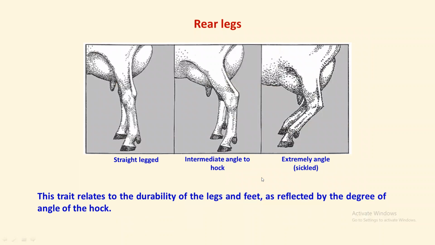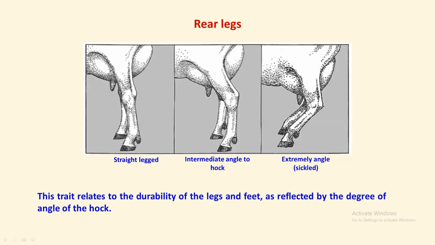Then there is the rear leg. There is some confusion about the rear leg. In the research paper, you will see that an extremely angular or sickle-shaped rear leg is very good for milk animals, they say. But for the meat animal, the intermediate angle of the hock is good. The straight rear leg is not recommended.